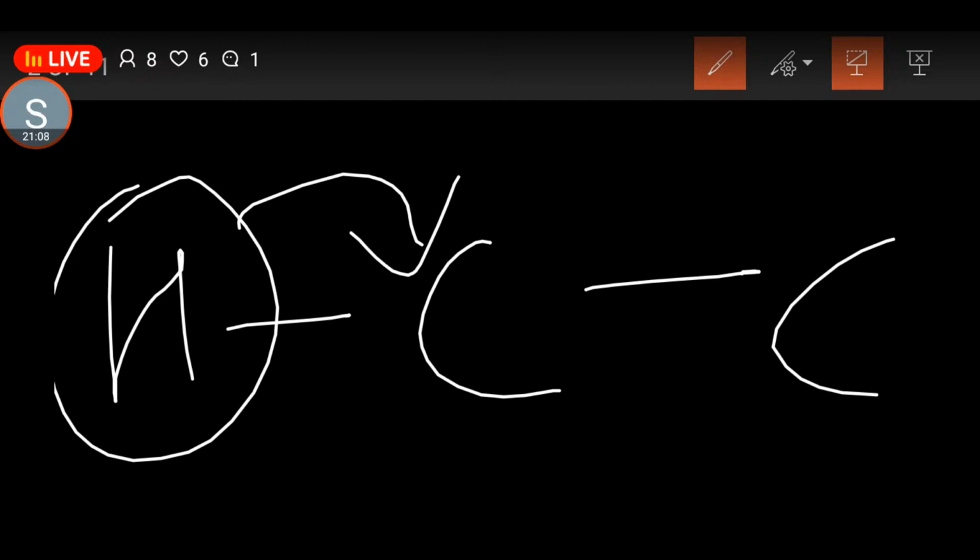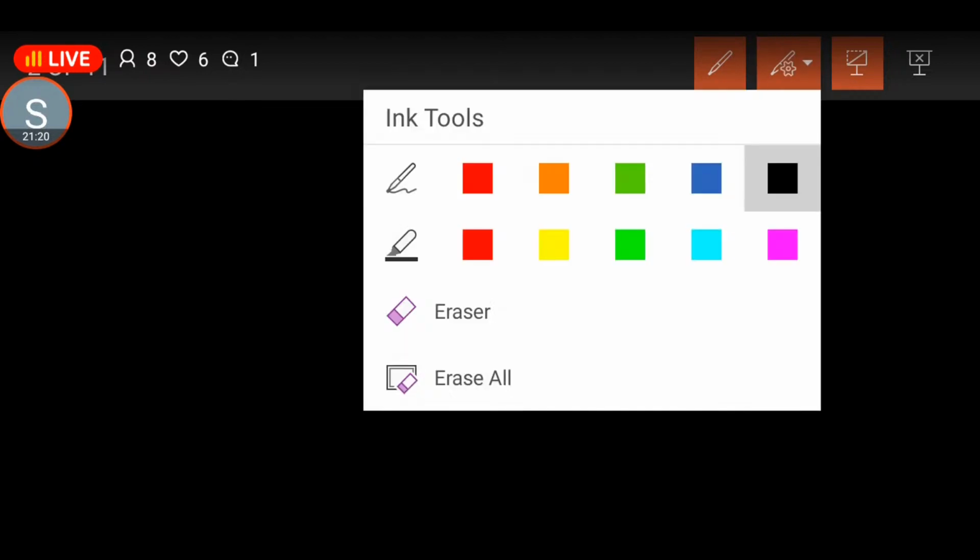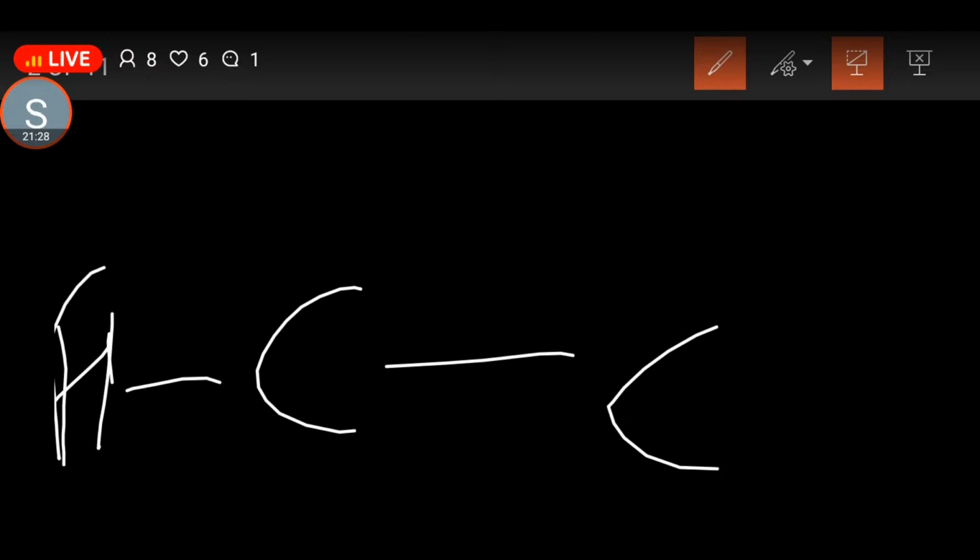If this carbon was connected to another carbon, it would be a secondary carbon atom, because there are two carbons. This is a primary hydrogen, attached to a primary carbon.